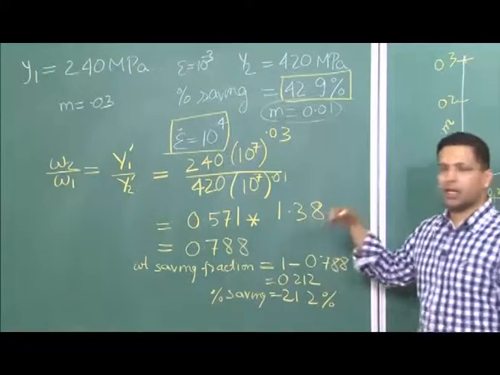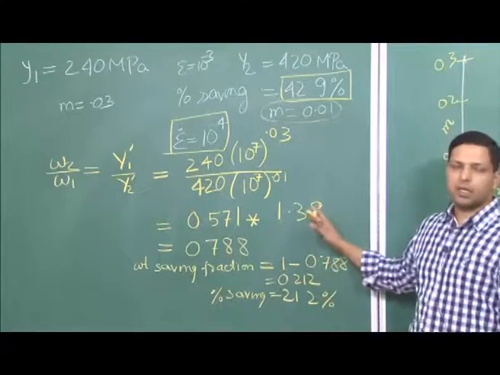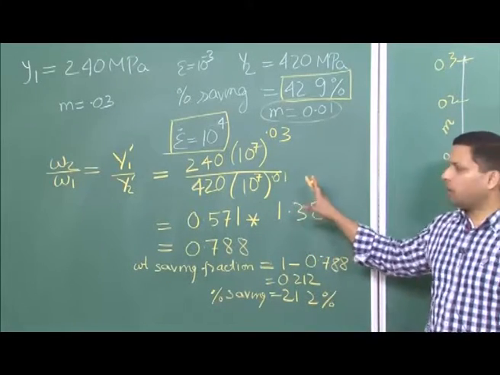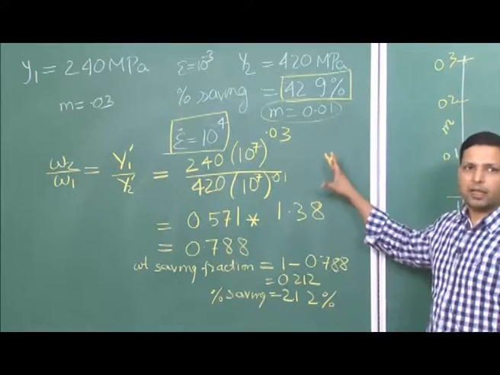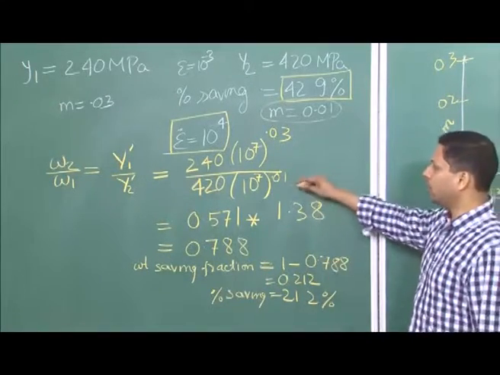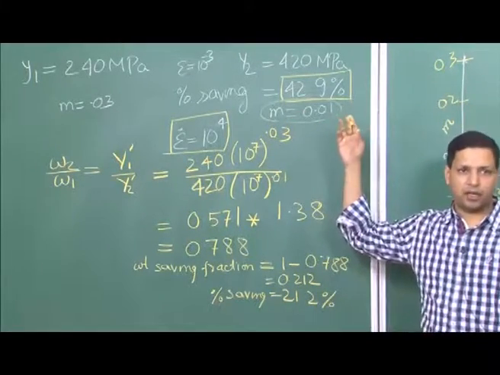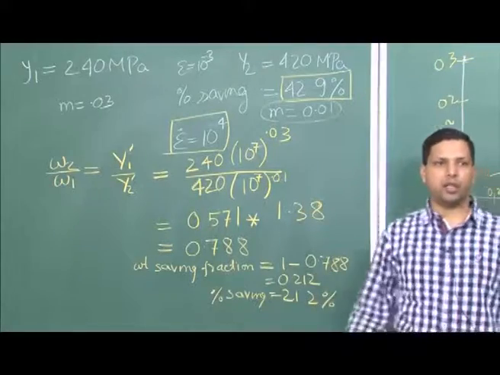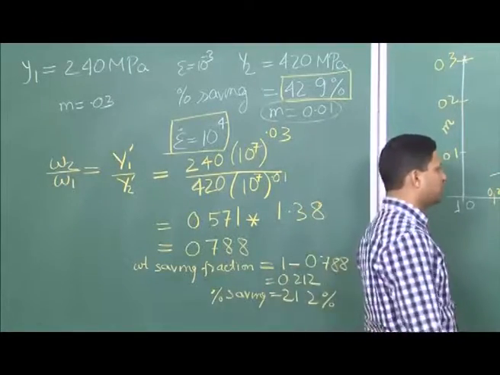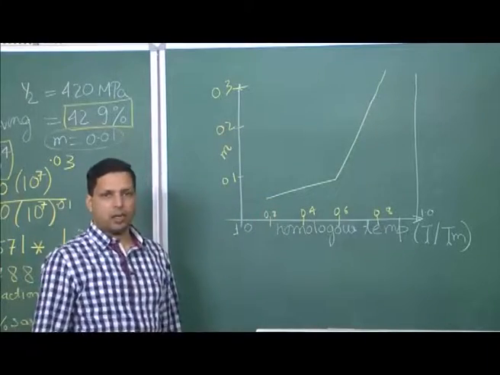Now, if we make it a little bit more complicated, for example, if we were talking about components in an aerospace engine or aerospace material, then the temperature would be much higher, or for example, in a nuclear reactor, the temperature would be higher, and therefore, the m values would be again very different. So, here the calculation would again change by a large magnitude. Therefore, temperature is also another important parameter.